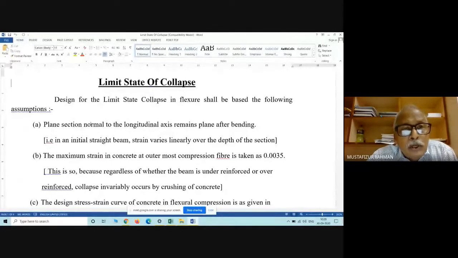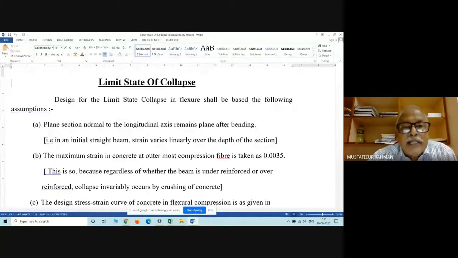Now, all structures are composed of some beam elements. Okay, a beam itself is a structure. Now, if we want to construct and design a slab, it has length, it has breadth, it has thickness. The length and breadth are comparatively larger than the thickness.